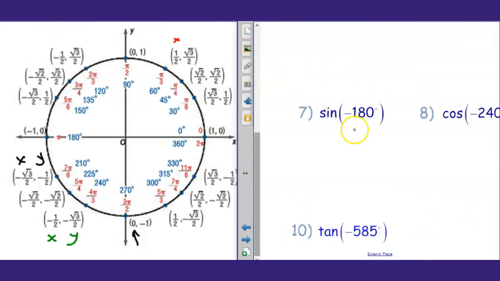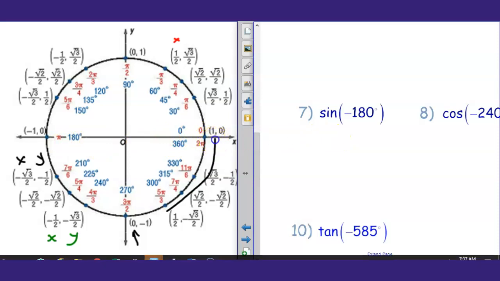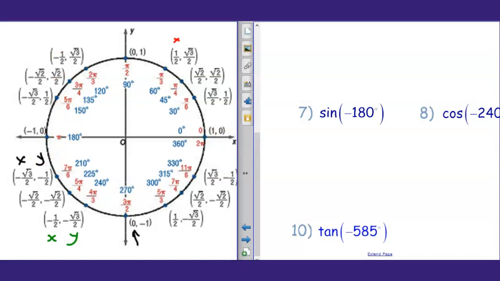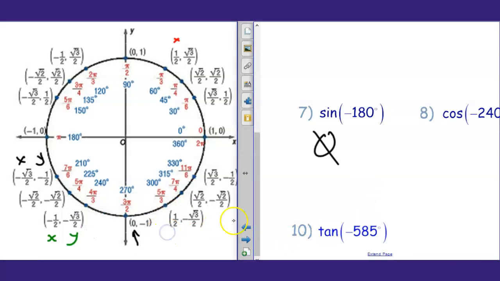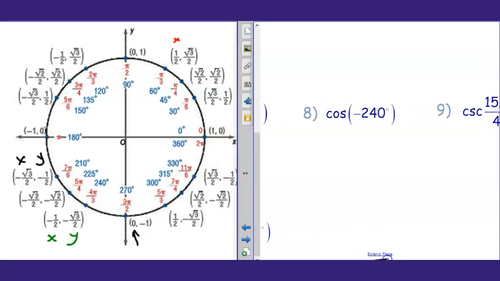All right, sine of negative 180. Remember, for negative 180, you've got to go this way. So right there is negative 180, which is still 180. So sine of negative 180, sine is the y value. So 0. Sine of negative 180 is 0. Cosine of negative 240.